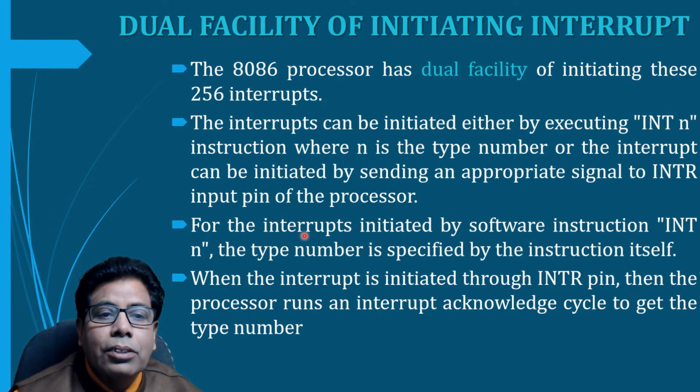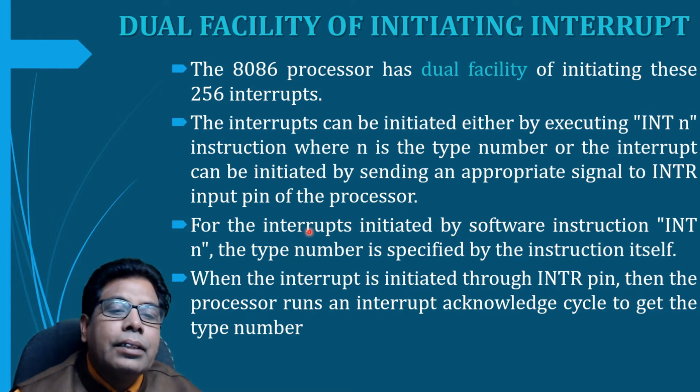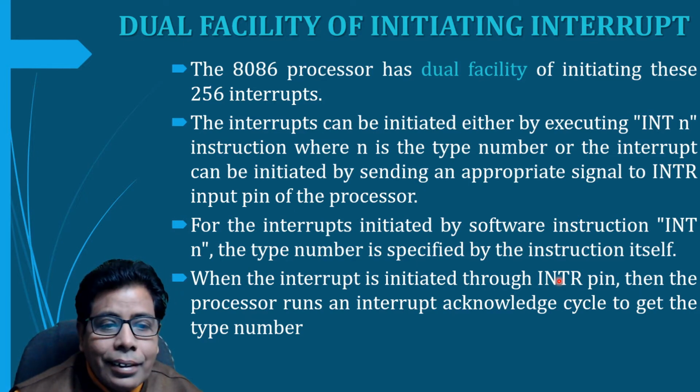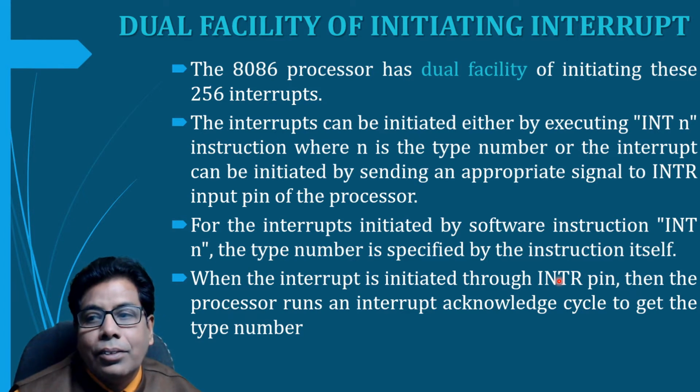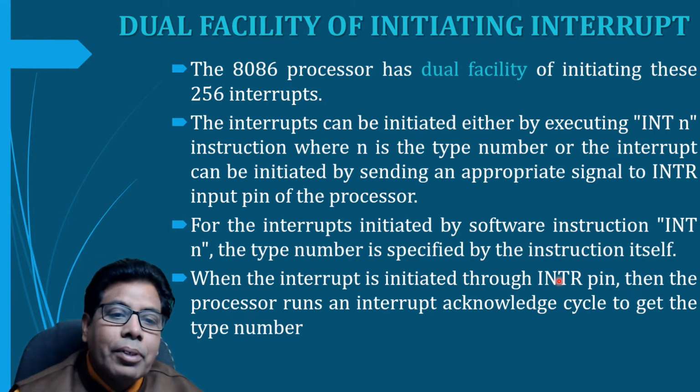because in the instruction we will give the type number. Say for example, INT 02, that is for type 2 interrupt. And when we are initiating the interrupt through the INTR pin, at that time we will run the interrupt acknowledge cycle to get the type number.